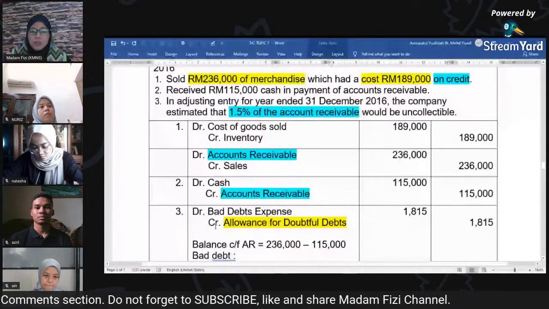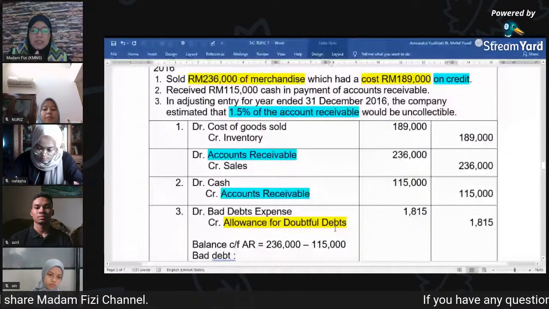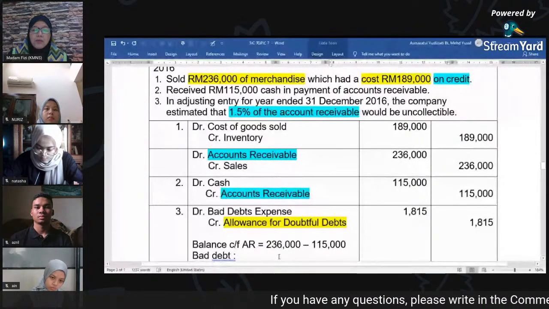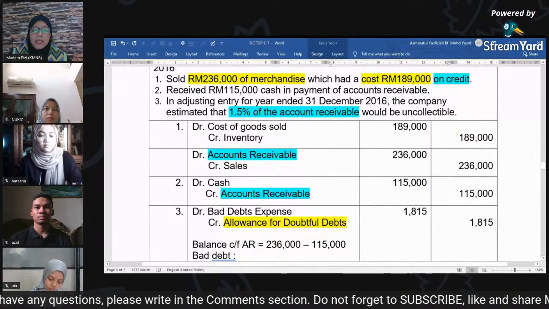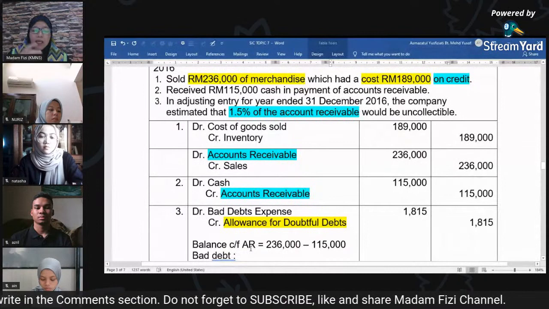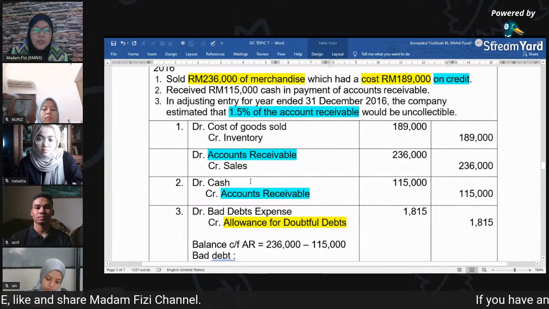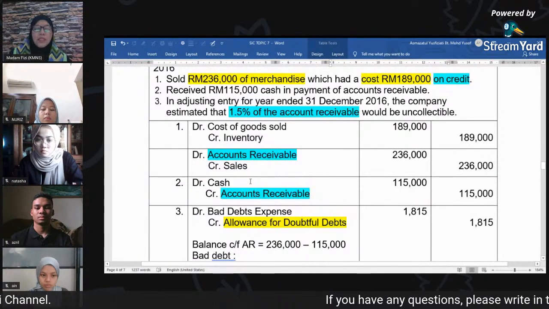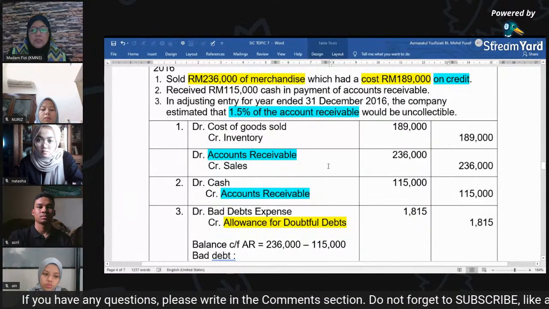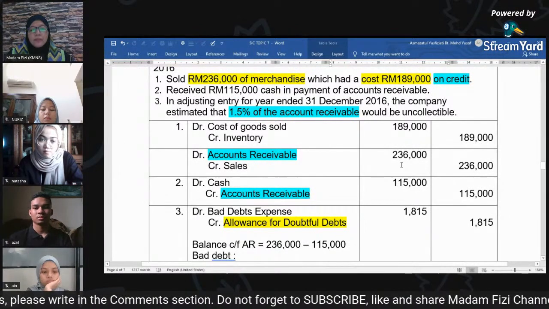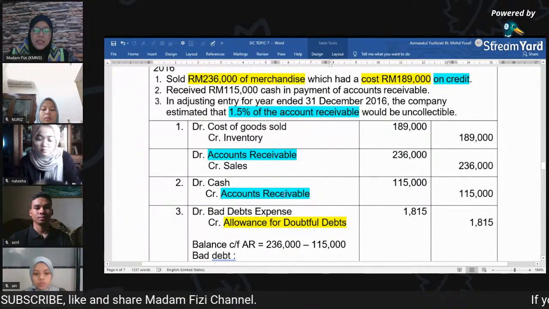But what is the amount? To get the amount, firstly you have to calculate the balance carry forward of accounts receivable, maksudnya baki akhir. We already have the journal entries for transactions 1 and 2. In transaction 1, accounts receivable is at the debit side, and in transaction 2, accounts receivable is at the credit side.